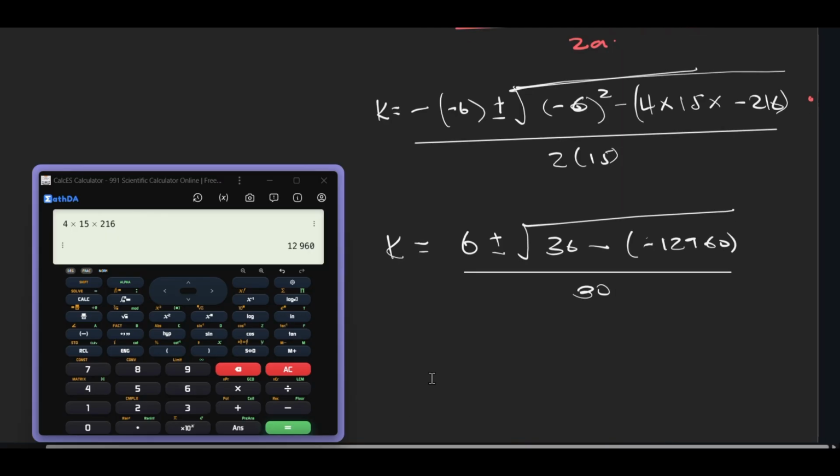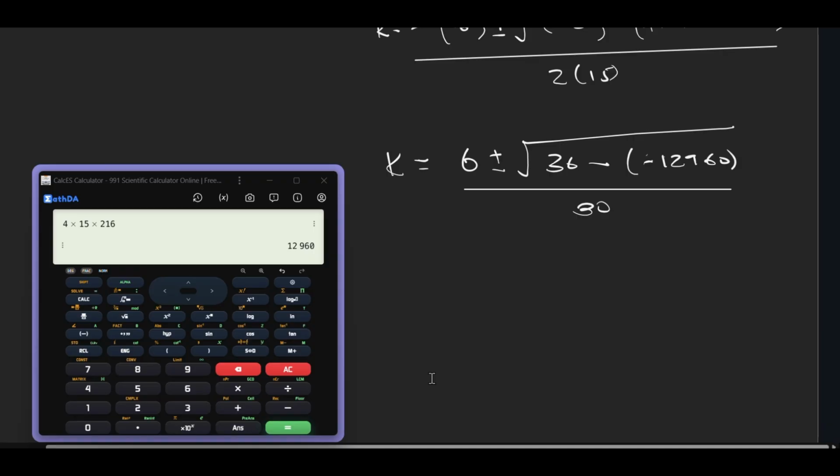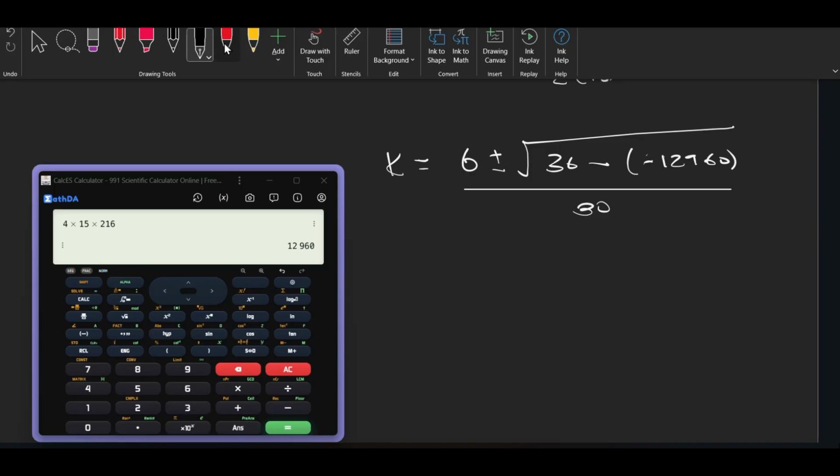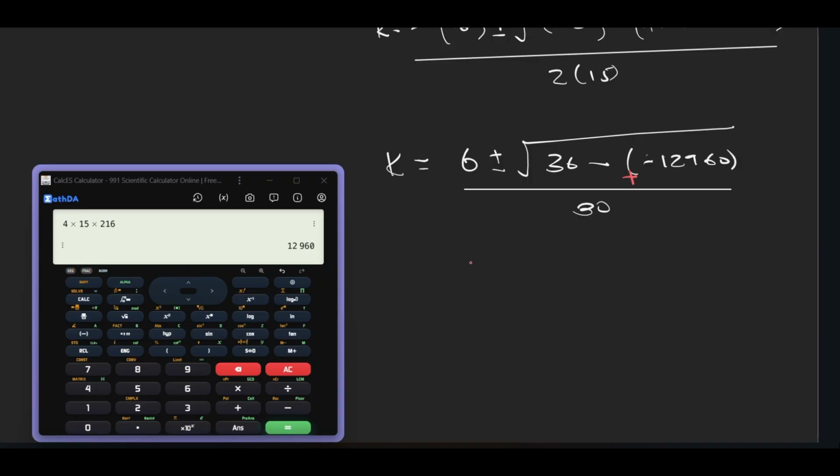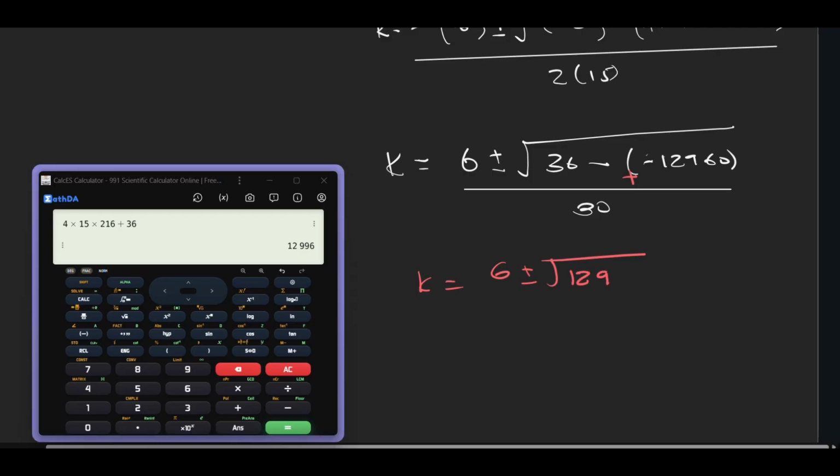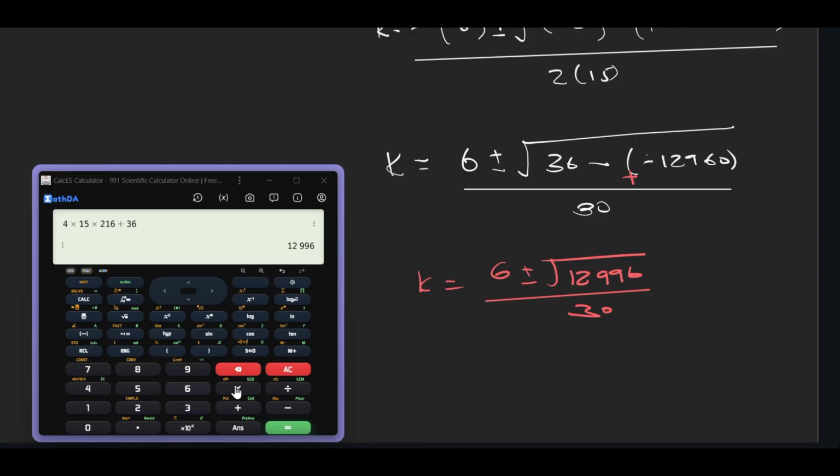Now, because of the two negatives, if we bring them together, we're going to have a positive. So these two become a plus, and I'll have k equal to 6 plus or minus the square root. So I need to add 12,960 plus 36, which becomes 12,996, all over 30.